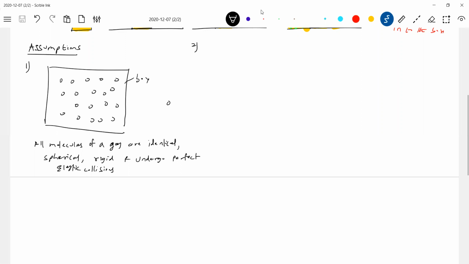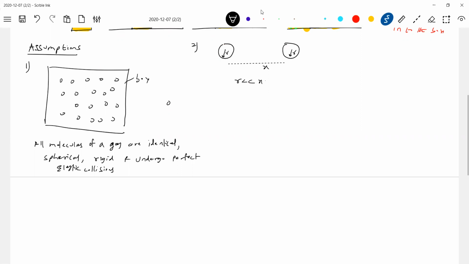Now, the size of molecule. If there are two molecules, look at the distance between them. R will be very much less than X. Everything you studied in chemistry like a story, here I'll bring the diagram also.